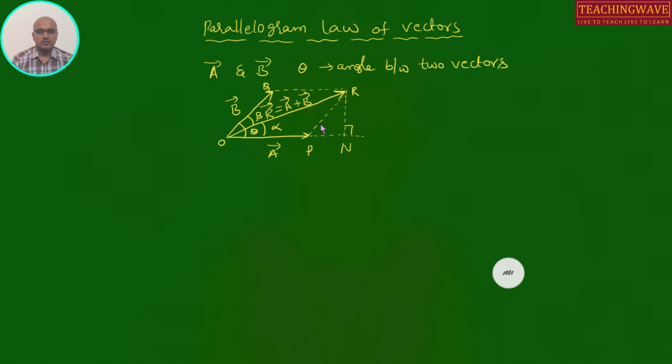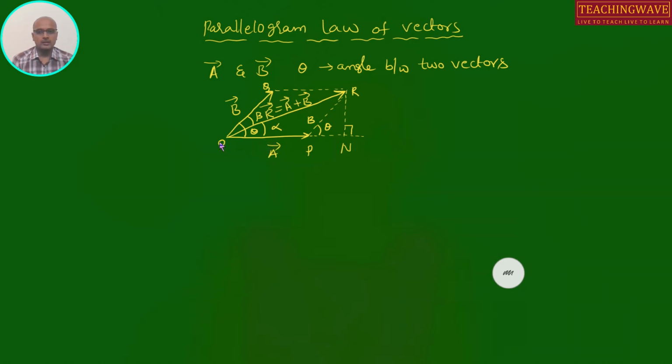So the angle at P is theta, and the side length of PR is B, because OQ and PR are two parallel sides of a parallelogram. So those two are equal in magnitude. Similarly, OP and QR are also the same. Its value is the magnitude of A bar.